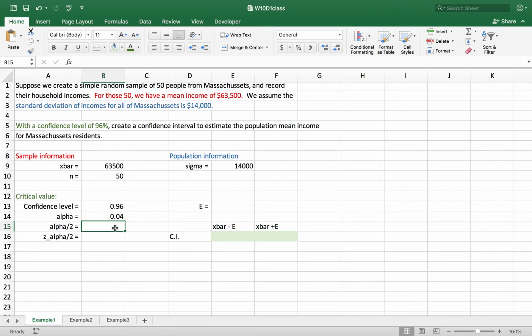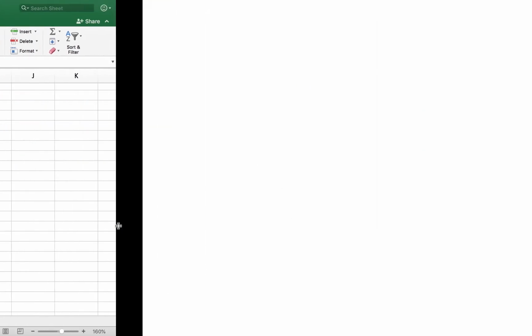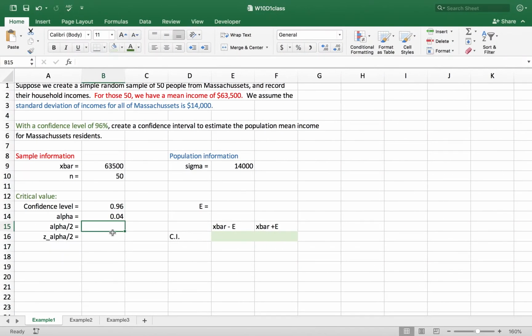Now, we want to make sure that we take that missing percentage, that alpha value, and divide it over the 2 tails. Oh, I don't have the picture. Anyways, we're going to divide this over the 2 tails. Sorry. Take this alpha, divide it over 2. You can do this in your head, but maybe you don't want to, right? Excel is a great calculator, so you don't have to.